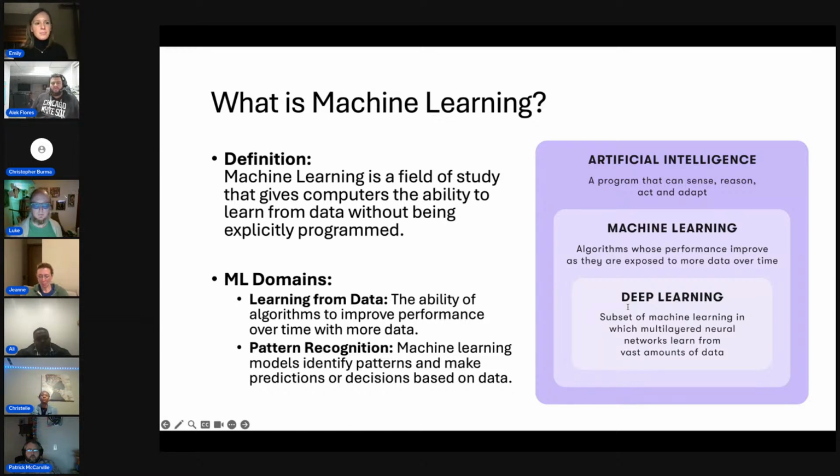The other piece that this definition emphasizes is explicitly programmed. So give computers the ability to learn from data without being explicitly programmed. So if we have a very complicated scenario, if we have a very complicated situation, the models are capable of creating a large set of rules, if-else statements, that it would take us maybe an infinity, a very long time to do.